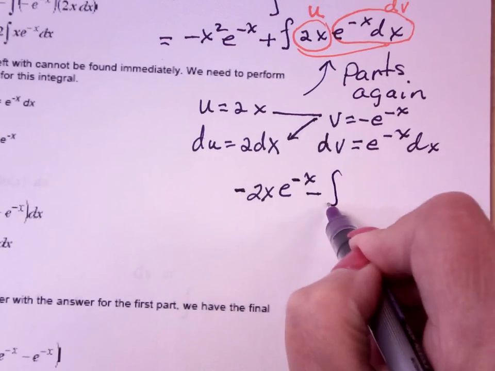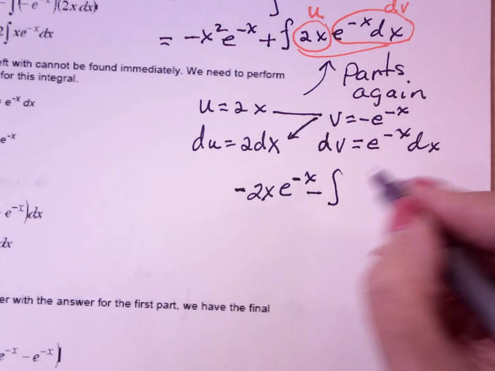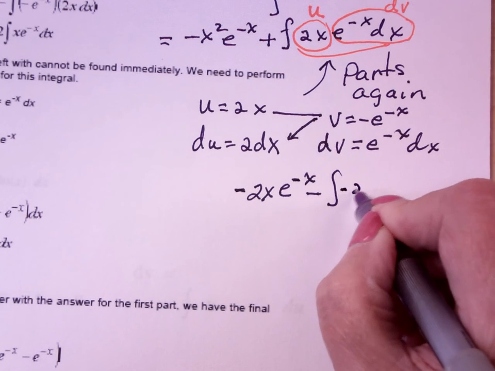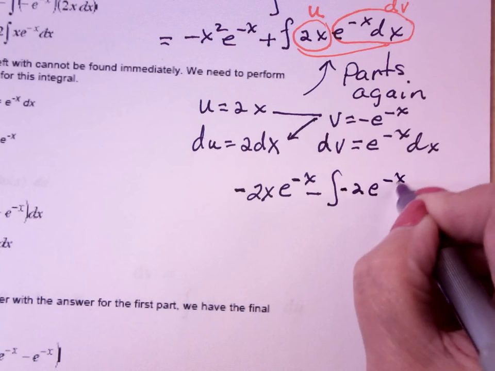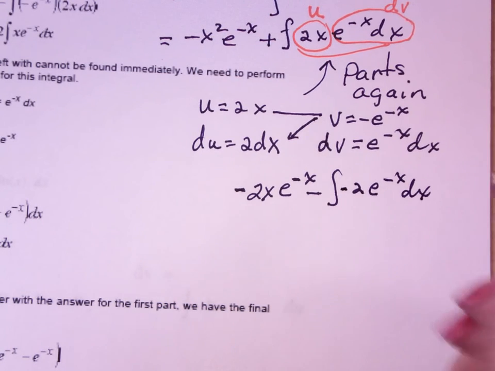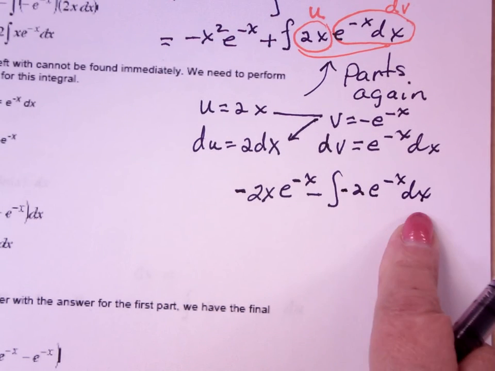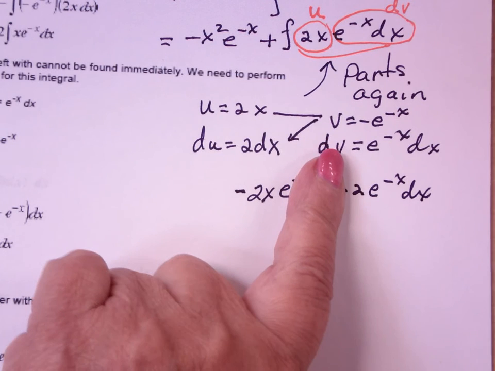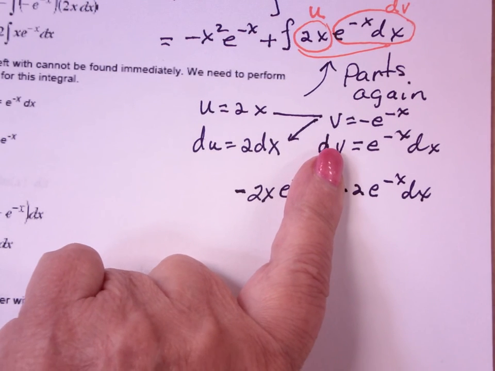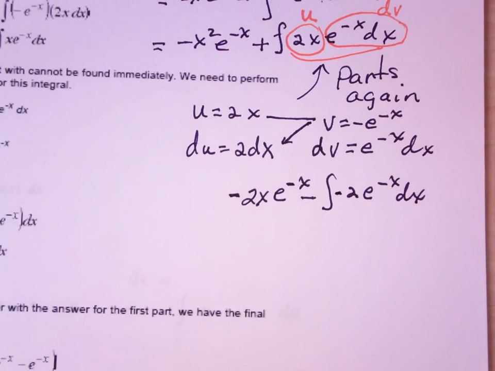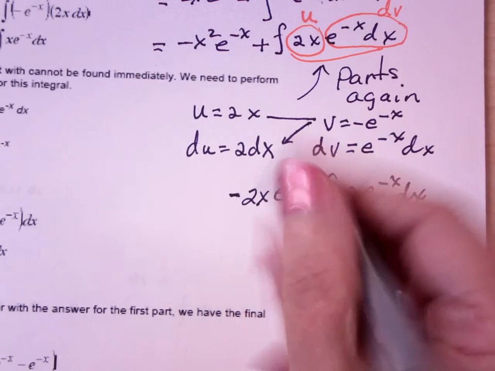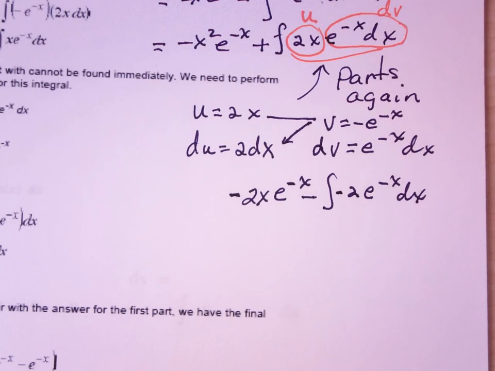Minus the integral of v du. So that's going to be minus 2 e to the minus x dx. And is this now integrable? Can that be integrated? Yeah. And then it's shown on the other side. But that's going to be the setup.